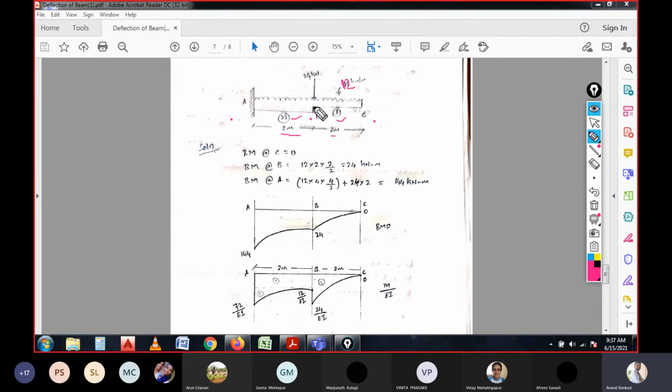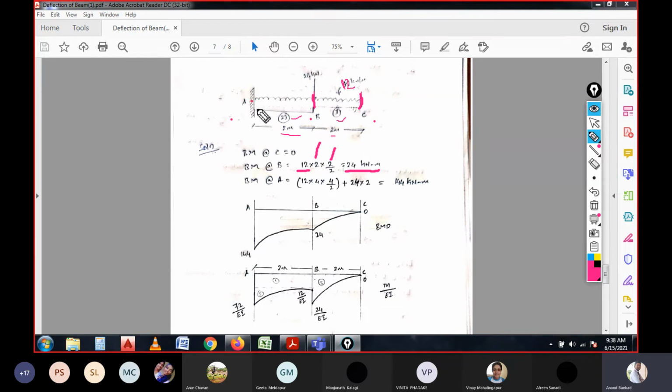Now for the bending moment at B, this span is to be considered, that means the span BC carrying the uniformly distributed load of 12 kilonewton per meter length. The simple formula is W L into L by 2. W is 12, L is 2 meter, and L by 2 is 1. So the bending moment at B is 24 kilonewton meter.